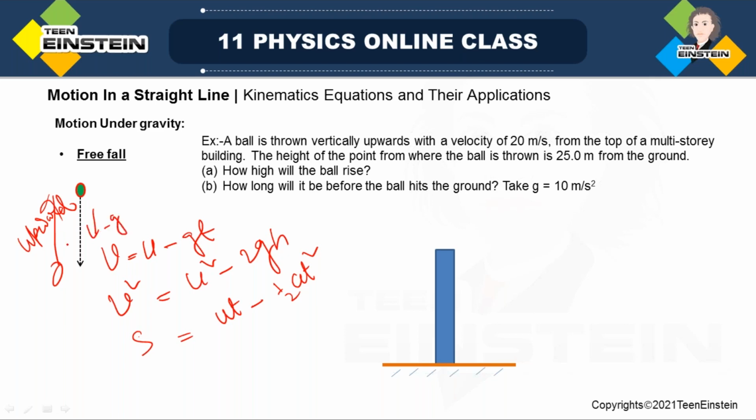So your g is downward, but your motion of the object is upward. That's why g has to be taken as negative. Okay, I'll stop it here because if I start this example, it will take another 15 minutes maybe. So I'll stop here just after writing these equations of motion for motion under gravity.